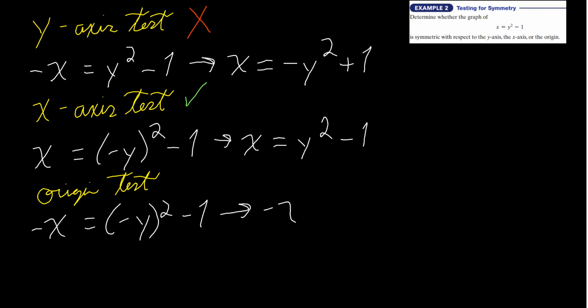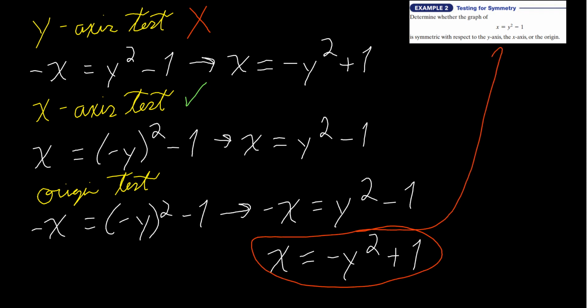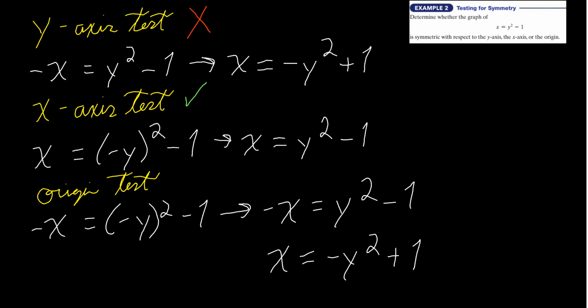We have negative x is equal to y squared minus 1, and if we multiply both sides by negative 1, we get x is equal to negative y squared plus 1. Of course this equation is not the same as my original equation, so we say that we are not symmetric about the origin.